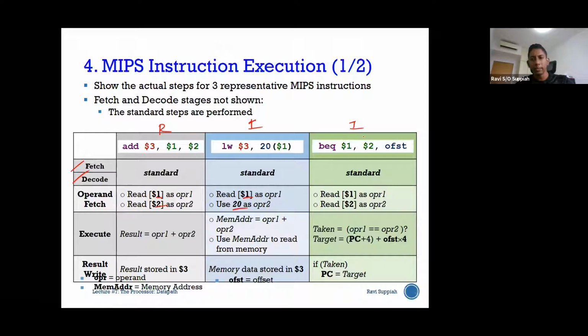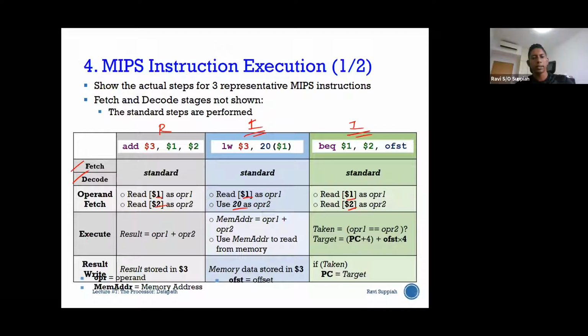But in this instruction, even though both are considered I type instructions, the BEQ instruction actually reads from both register 1 and register 2. So where the data comes from for me to perform the operation is different, even though they are both classified as I type instructions.